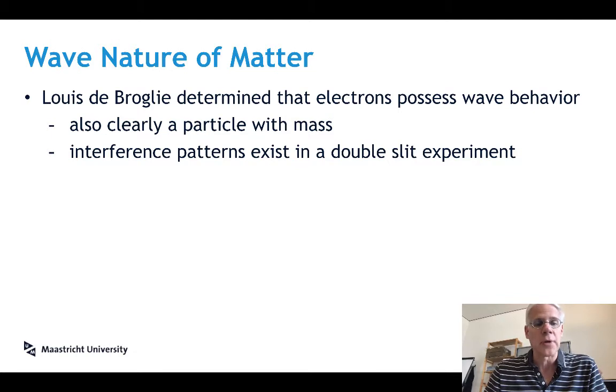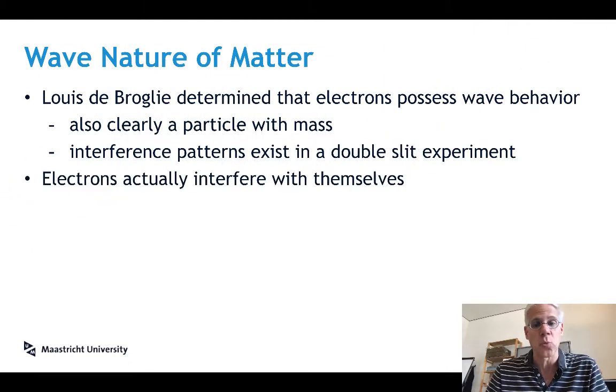And the way that they showed that is to show interference patterns by taking a beam of electrons, passing them through a double slit, and rather than just getting two spaces of electron hits, instead what they ended up with is interference patterns like we see in waves. So that showed that electron beams actually possess wave characteristics.